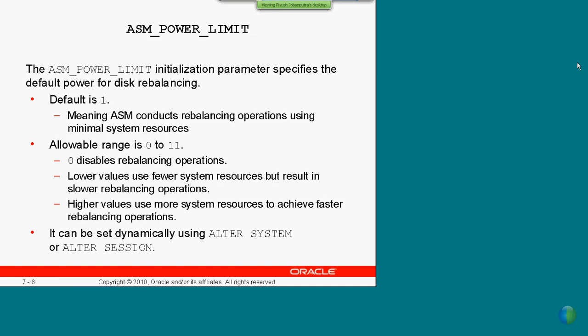So please try to avoid rebalancing at peak time unless it is a very necessary operation. The standard limit is 0 to 11. 0 means you are disabling the rebalancing operation. I have seen a note, I'm trying to search for that note, which says that on certain types of systems it can still go up to 128.